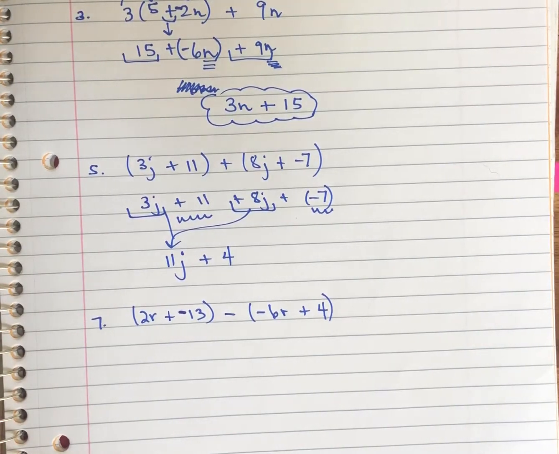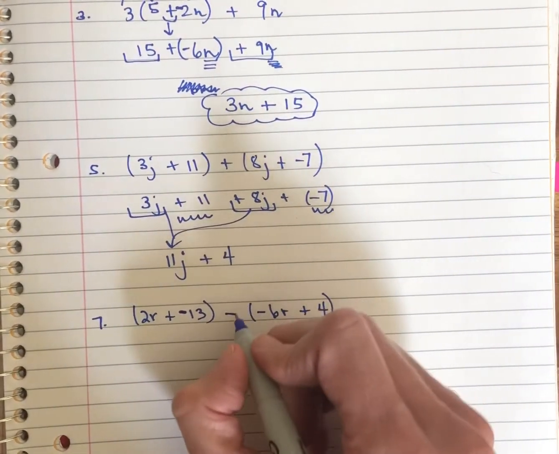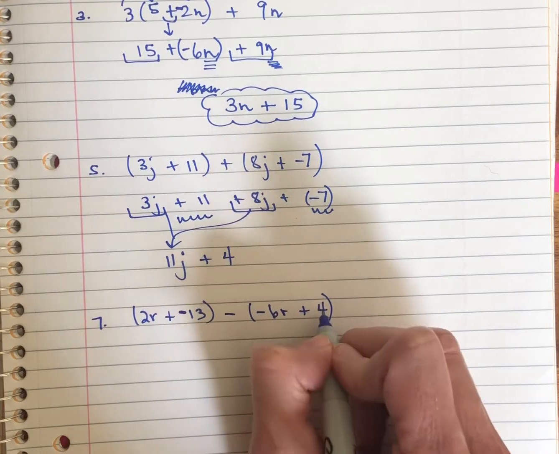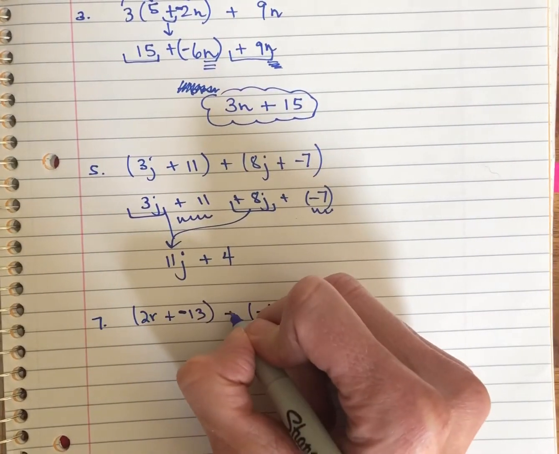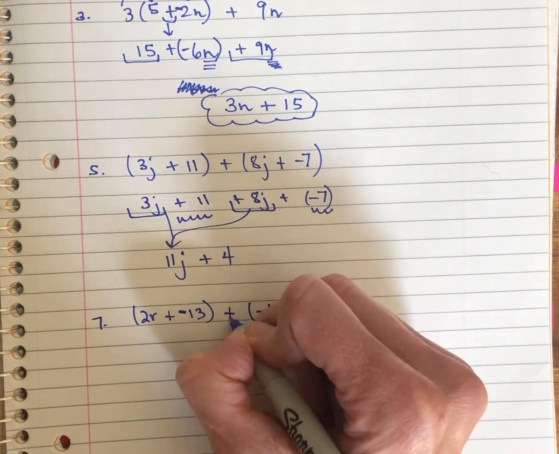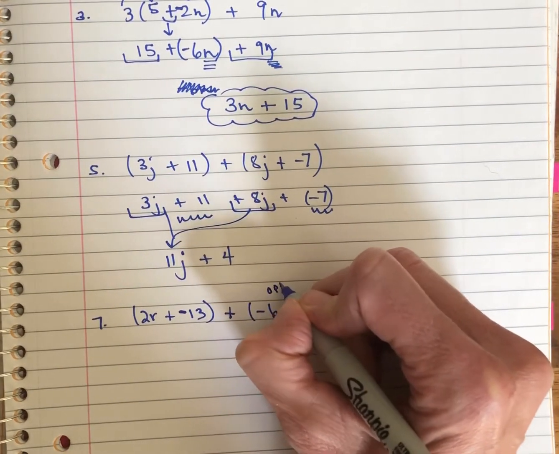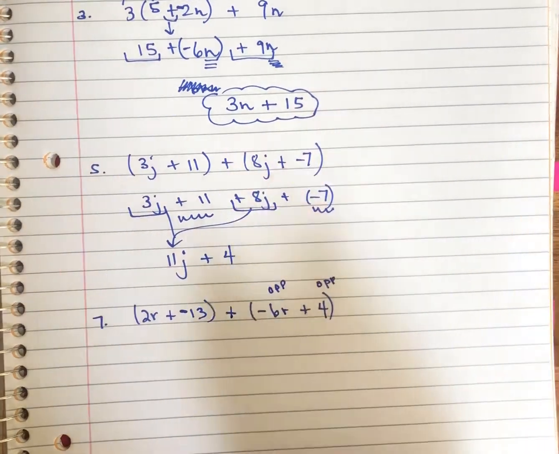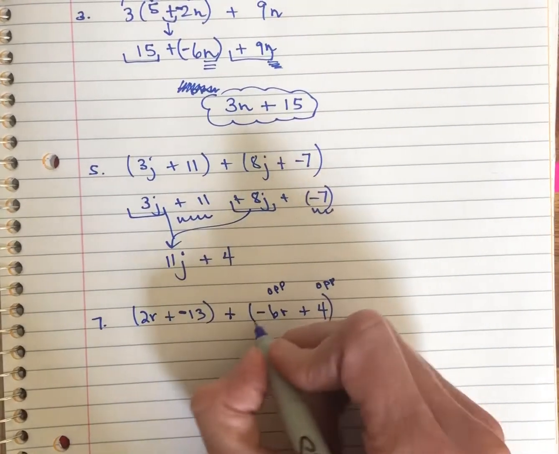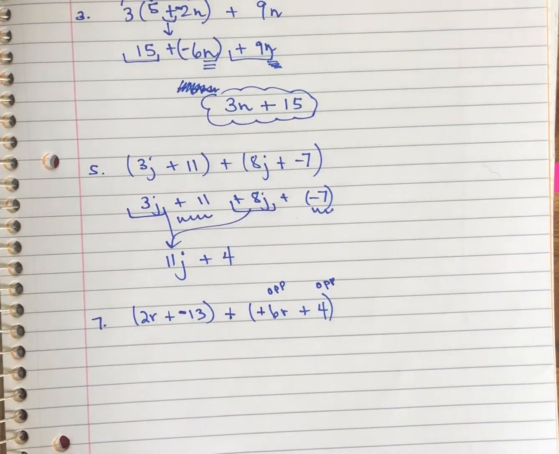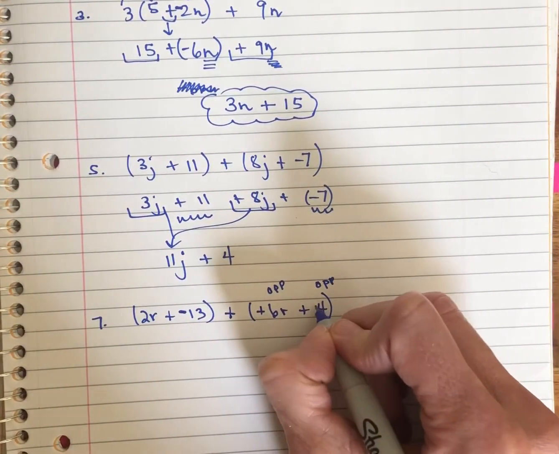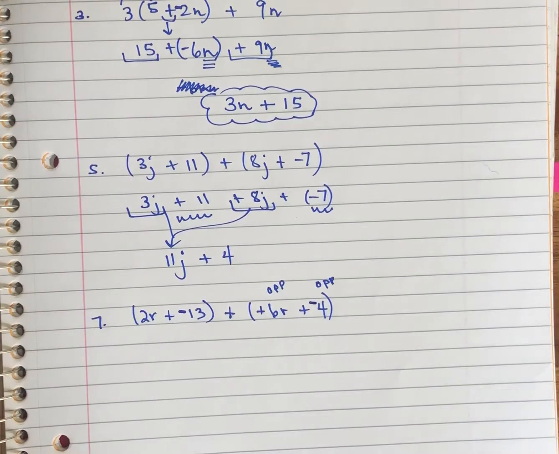There's one of them. Okay, but we are also subtracting both of these terms. So subtraction changes to addition, and we have to take the opposite of both of these. So the opposite of negative 6r is positive 6r, and the opposite of positive 4 is a negative 4.